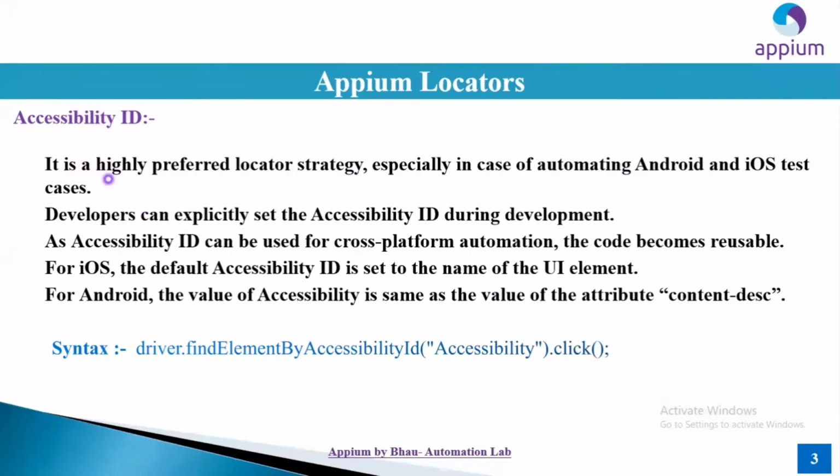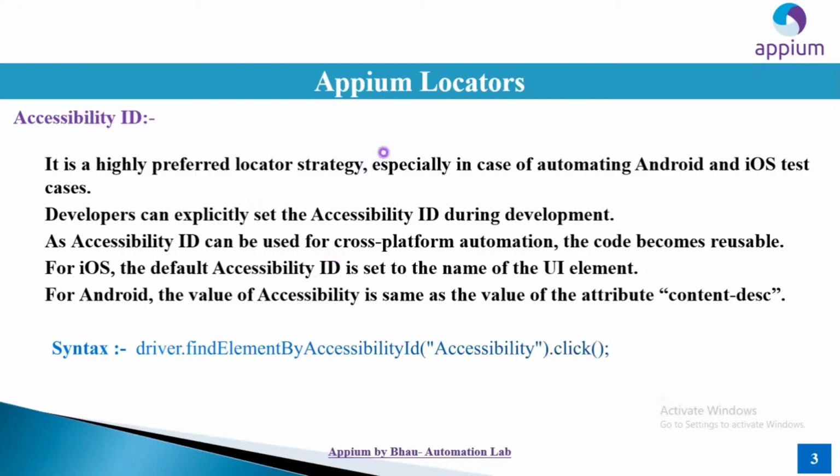Guys, this is a very important locator while working with APM. If accessibility ID is not defined, it's the simplest strategy: you have to force your developer to define accessibility ID to identify the elements in your app. You should tell your developer to define a separate accessibility ID for every element, because while automating, accessibility ID is a very important locator.